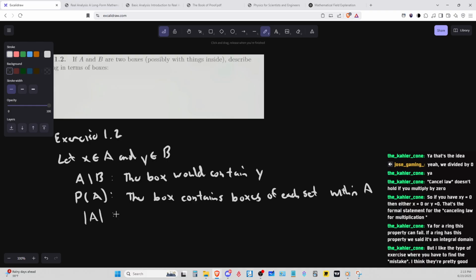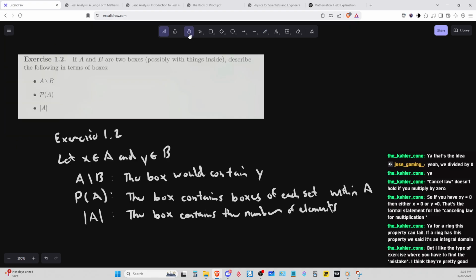Then this one would be the box that contains the notation for cardinality.